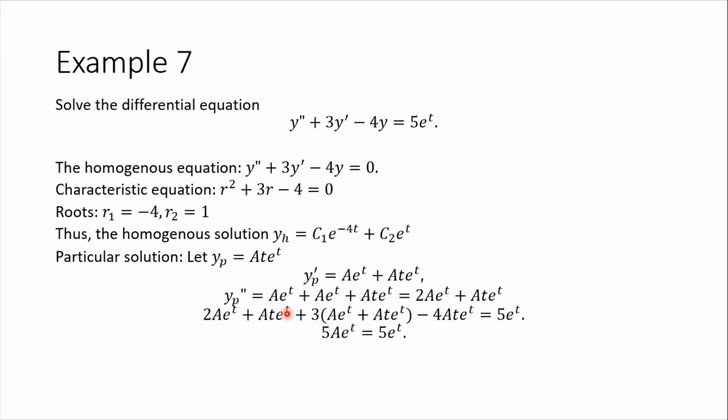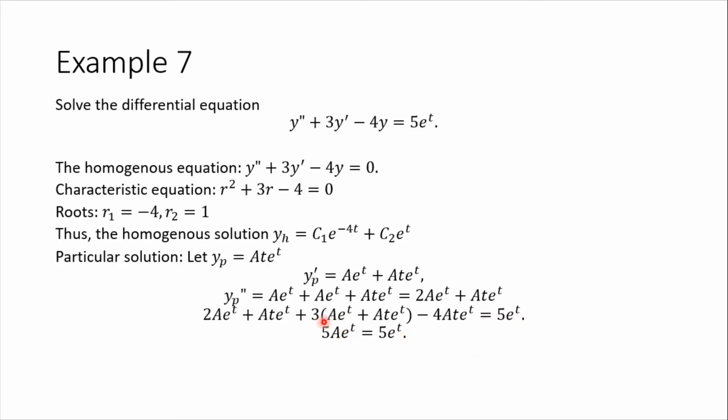So 2 plus 3 is 5. This one is a t e to the power of t. This is 3a t e to the power of t. So 4a t e to the power of t minus 4 a t e to the power of t, so it will be gone. So this will cancel each other. So altogether we only have 5a e to the power of t, which is equal to this.